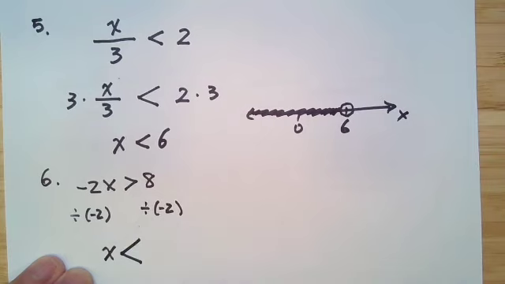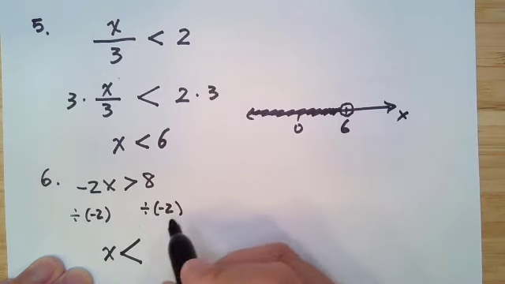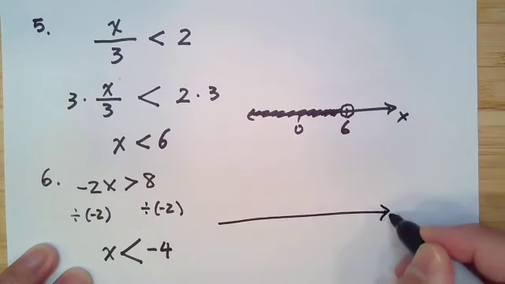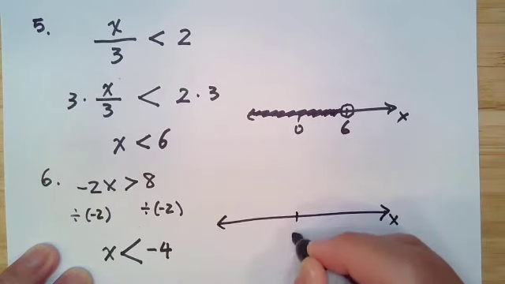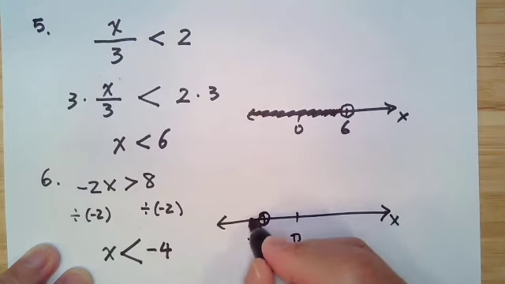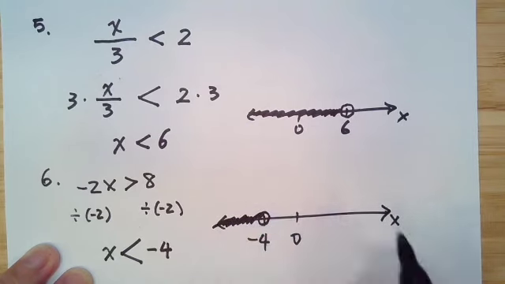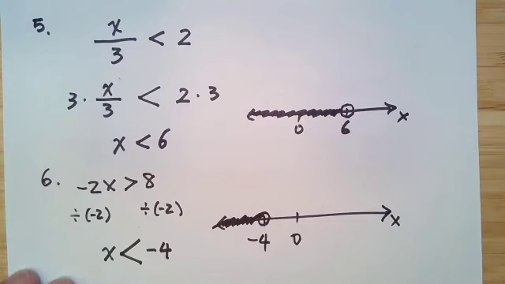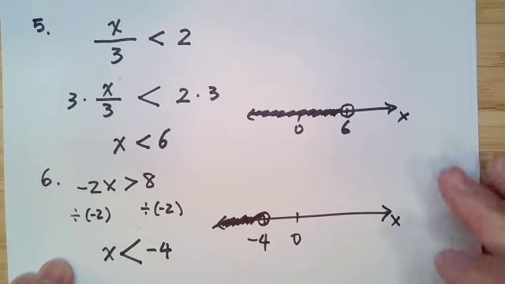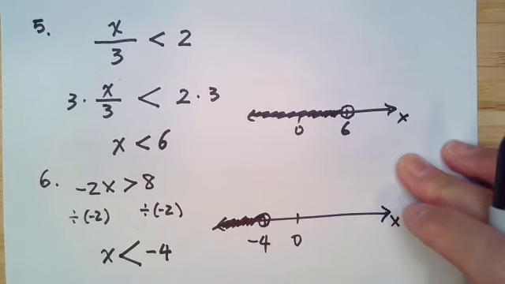This is the key. A lot of people make a mistake here. They forgot to change the direction. 8 divided by -2 is -4. So that's your answer. On the number line, 0, here's a -4. X is less than that. So we have a circle, and then we just mark this part. X is less than -4. Now this is important. When you multiply by or divide by a negative number, you have to change the direction.